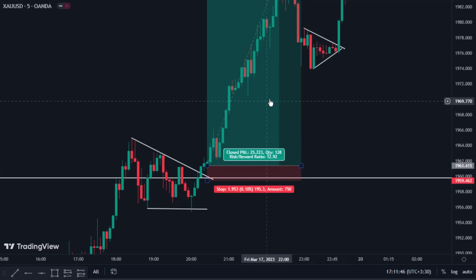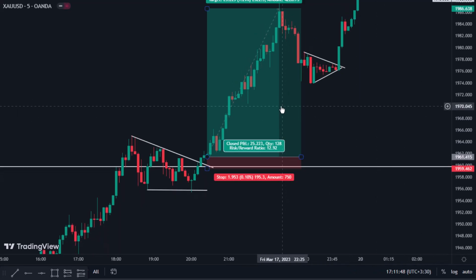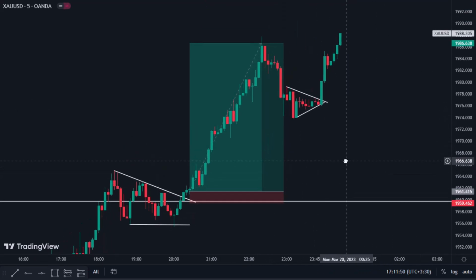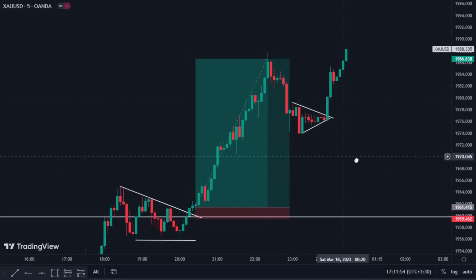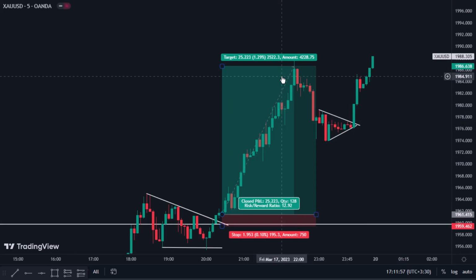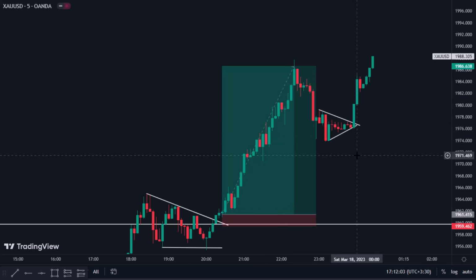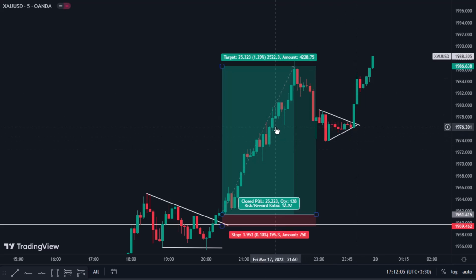We risk 20 pips to earn something like 40 pips, risk reward of 2, but it gives us something around, if we can see it up there, 252 pips, actually 250 pips, which is a fantastic reward, something around 13.